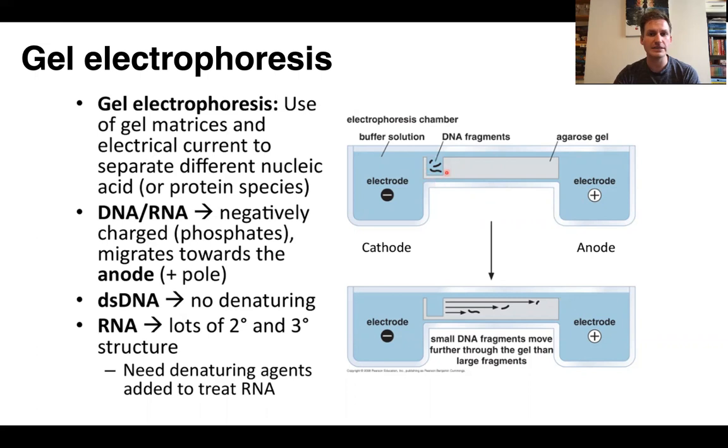And in that casting mold, you include a comb or a device to have wells. And then into those wells, you deposit DNA within a buffering solution. So that's water with various salts dissolved.